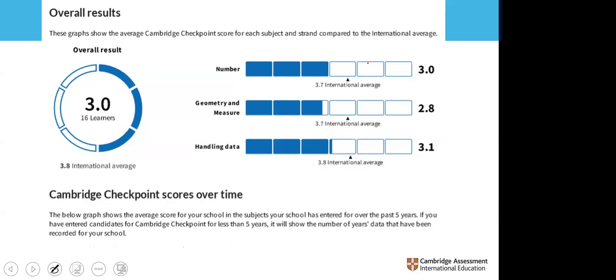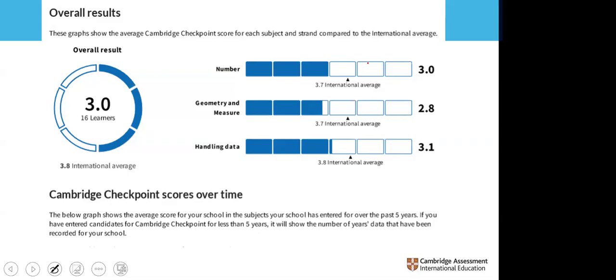They will show you that this child, when it comes to numbers in mathematics, is at this level. When it comes to geometry, is at this level. Handling data is at this level. So they explain to you in detail what the child is capable of doing at each and every particular stage. So when you are reporting the learner's achievement, it means that you must give in detail what the learner can do in that particular subject.